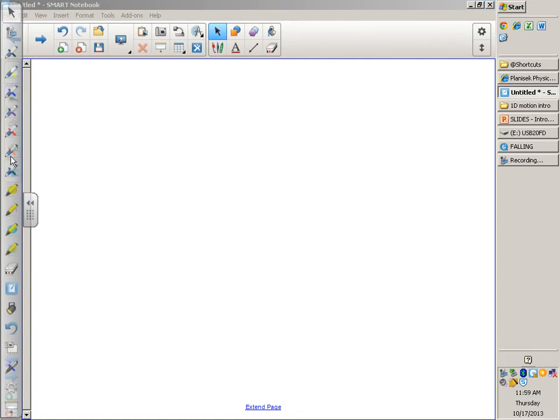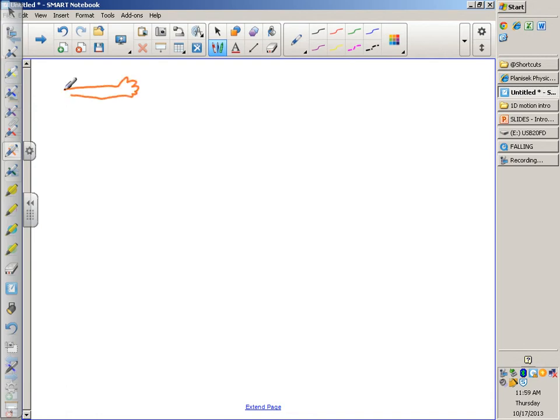Okay, so let's take a situation where, so here's my hand. Not the best hand in the world, but whatever. And here is a ball. Great circle, thanks. I would draw nothing less than a perfect circle, obviously.